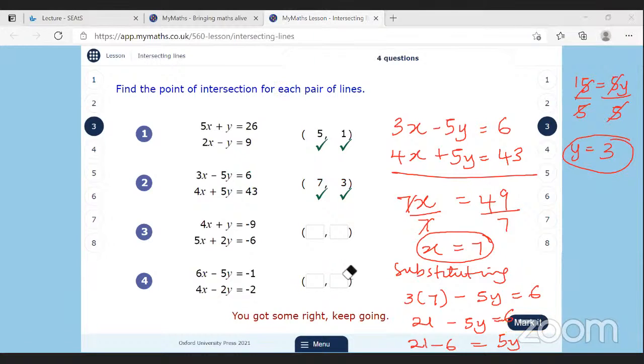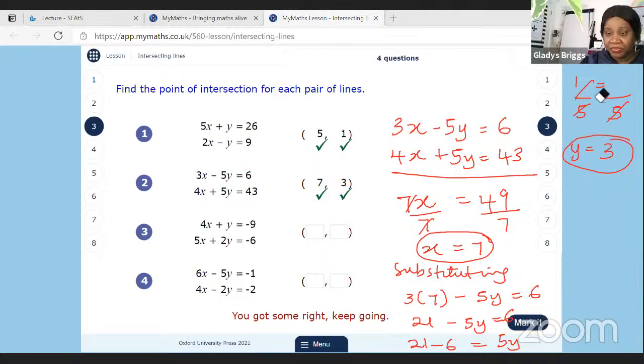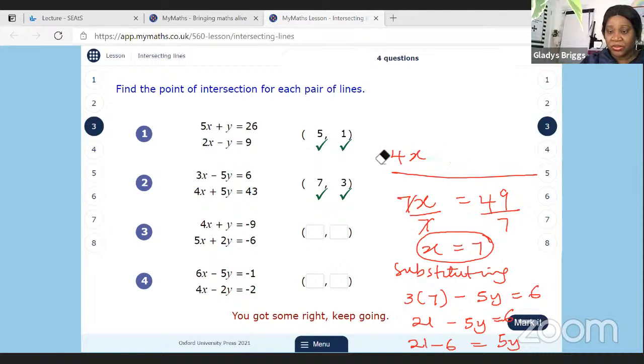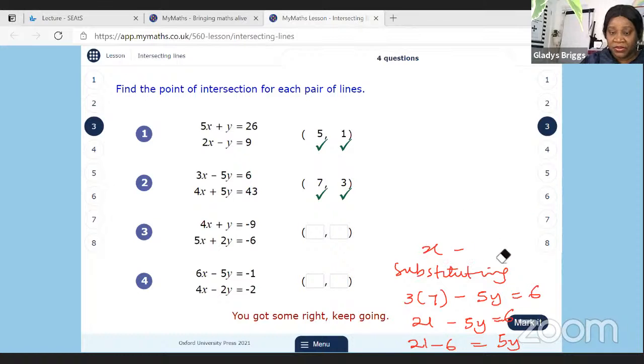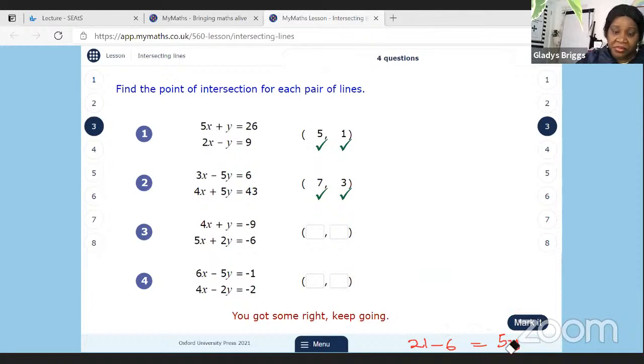Okay, who wants to give us their answer for question 3? I'm not going to do it now. Naji, can I get your answer for question 3? Is Naji there?